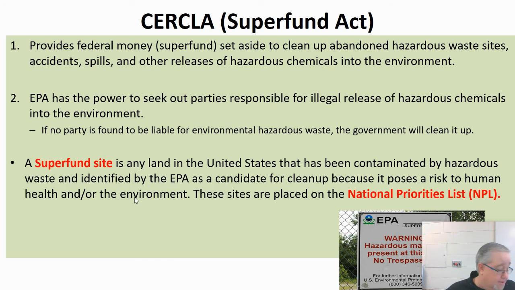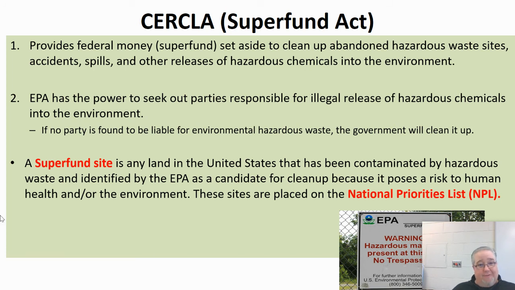Now, there's a term here, it's called a Superfund site. Well, you know what a Superfund site is. A Superfund site is any land in our country that has been contaminated by hazardous waste, and it's been identified by the Environmental Protection Agency as an area that must be cleaned up immediately or as soon as possible because it poses a risk to human health and or the environment.